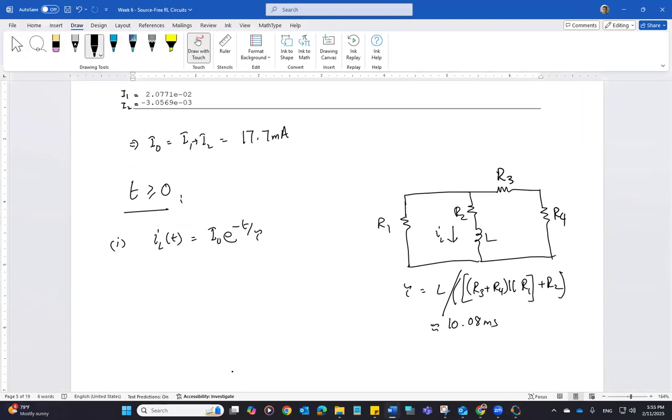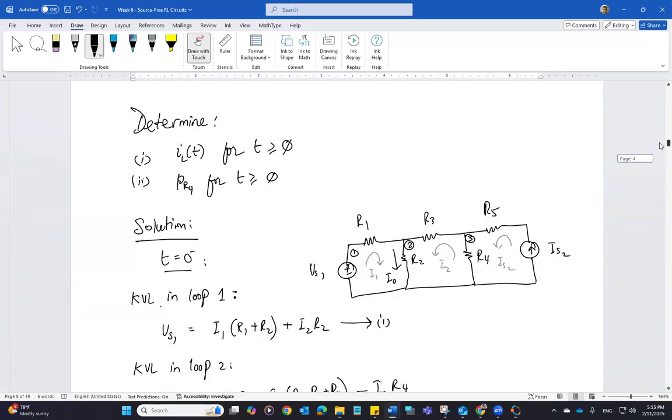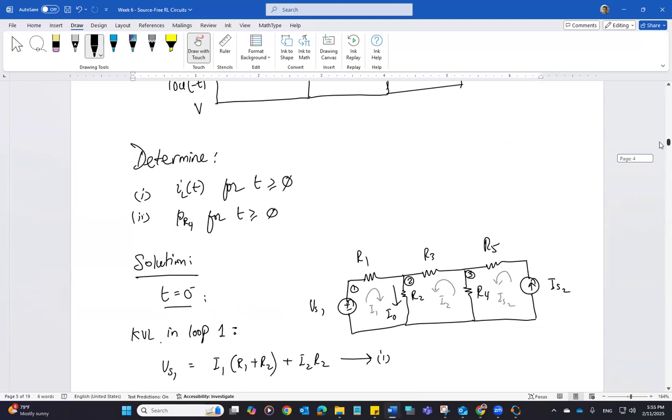Okay, so that's my tau. I naught is 17.7 milliampere. So the equation for iL(t) is simply 17.7 e to the power negative t over tau milliampere. That's my first part: iL(t) for t greater or equal to 0.